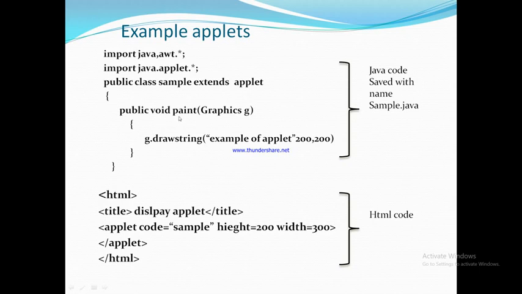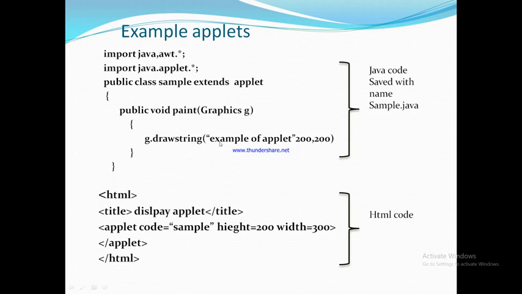Paint is a method and Graphics is a class, which g is the object of. We use g dot to access the features of this Graphics class. That's why drawString.